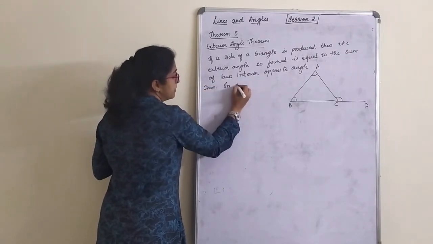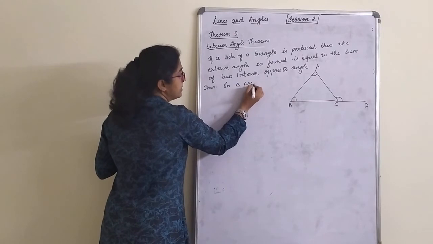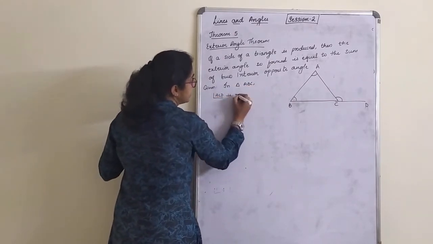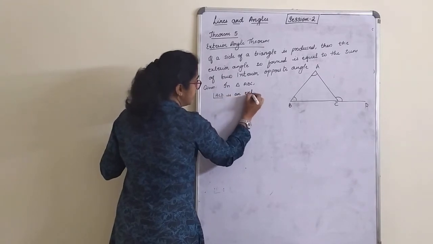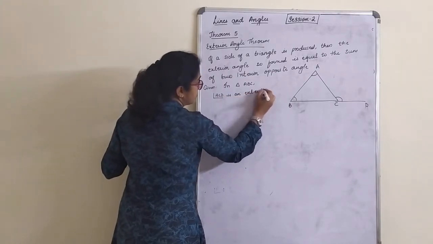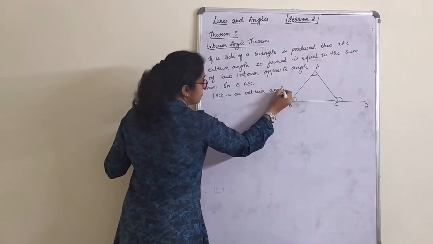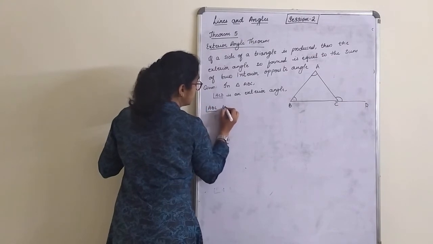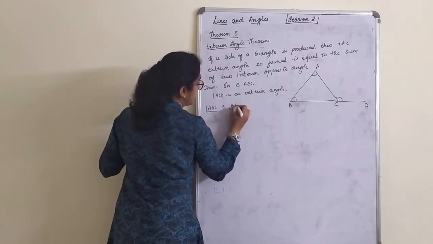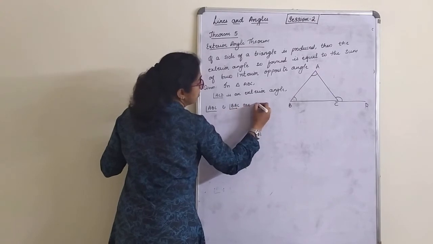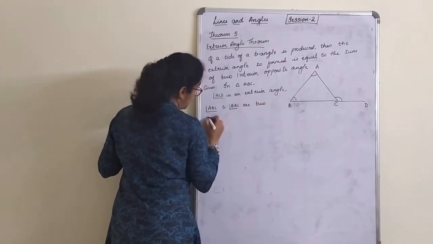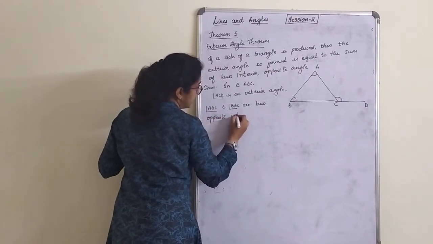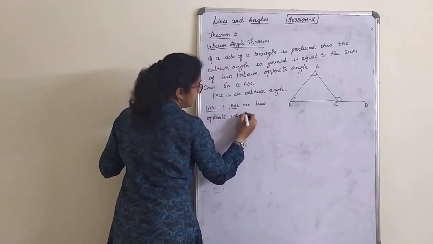Given: in triangle ABC, angle ACD is an exterior angle, angle ABC and angle BAC are two opposite interior angles.